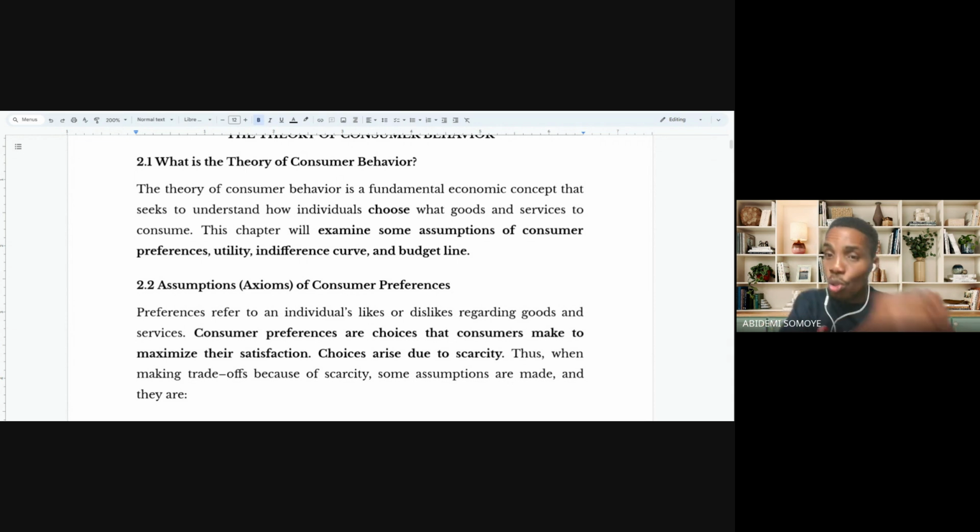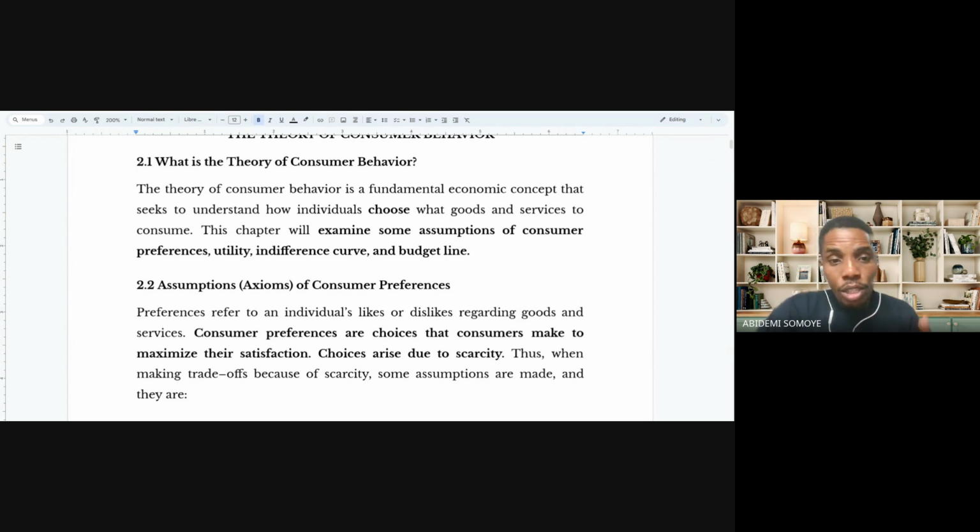So you have to choose based on the resources that are available to you. The reason why we choose is that if we don't have all the resources that we need to meet those needs, we have to choose. So choices arise due to scarcity.